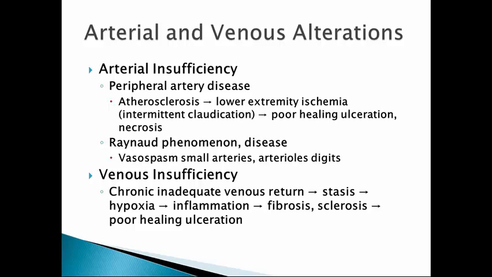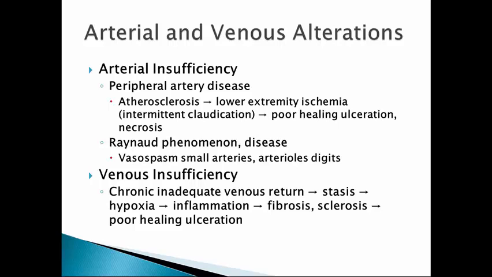As this atherosclerotic process continues, if there is an ulceration on the lower leg, it doesn't heal very well. Well, that makes sense because the arterial supply, which is taking the nutrients and the oxygen to the area, isn't getting down where it needs to be.